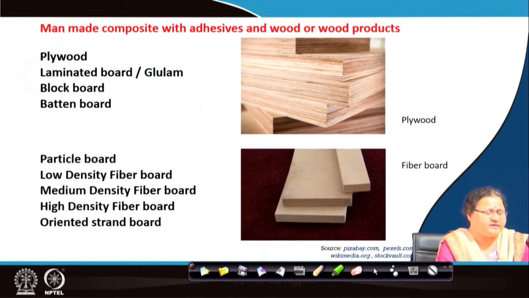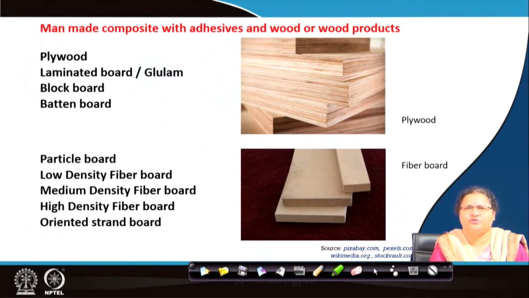On the other hand, we have another set, which are the boards. We see particle board, also called low density fiber board, of which we have oriented strand board, also a kind of particle board. We have medium density fiber board and high density fiber board. You can see the pictures; maybe you have seen these applications in furniture.